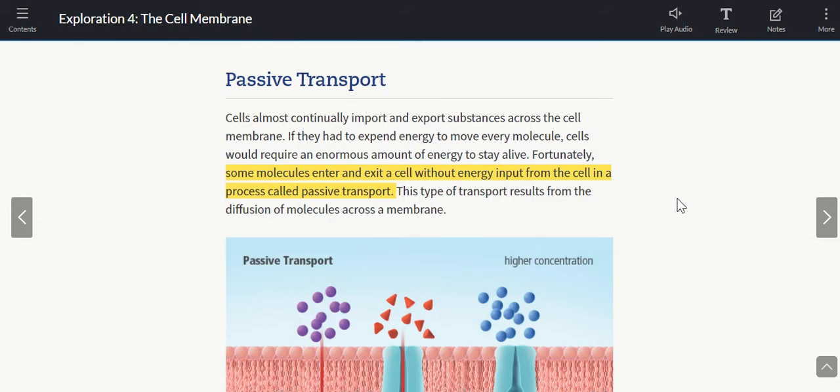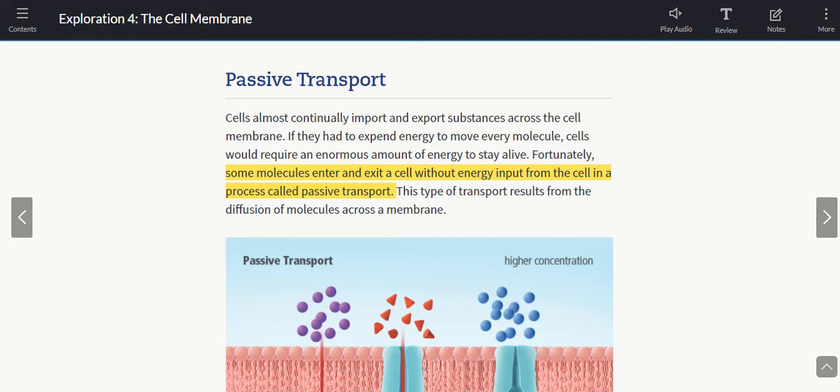All right, now let's talk about the different types of transport. Substances are going to pass across the cell membrane, and if it doesn't require any energy to do that, we call that passive transport. There are lots of substances that can passively transport across the cell membrane. One of the more common ones are gases. Gases like oxygen and carbon dioxide are able to passively transport across the cell membrane whenever they want to.